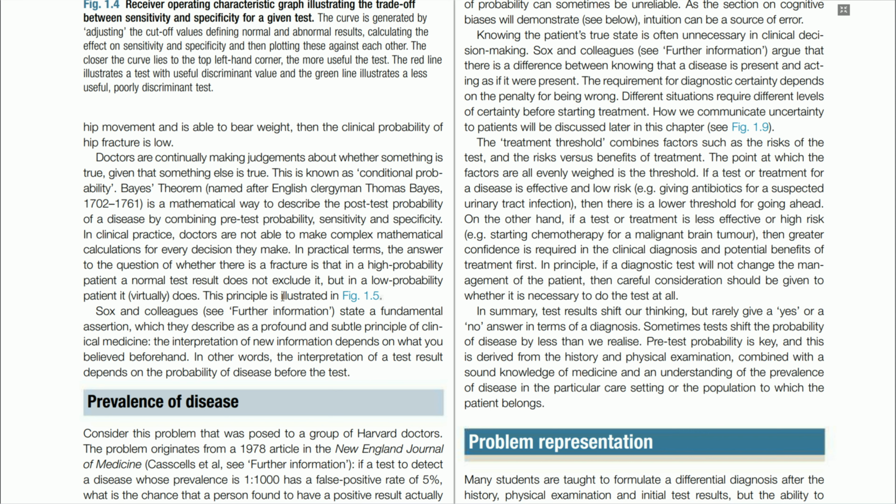This principle is illustrated in figure 1.5. Sox and colleagues, see further information, state a fundamental assertion which they describe as a profound and subtle principle of clinical medicine. The interpretation of new information depends on what you believed beforehand. In other words, the interpretation of a test result depends on the probability of disease before the test.